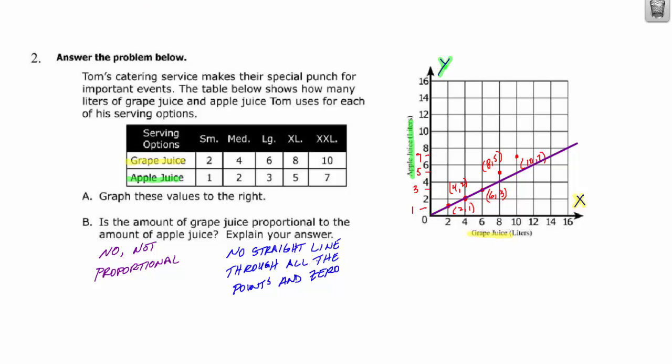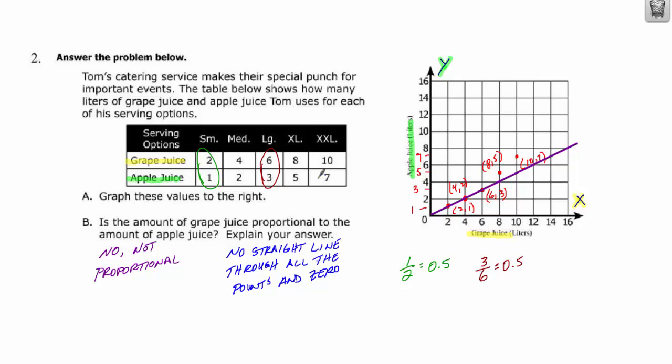I'm also going to prove it by just looking at a couple of these. So if I do this point, I get 0.5. If I do this point, y divided by x, I get 0.5.